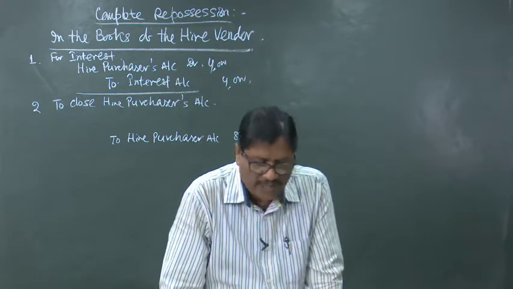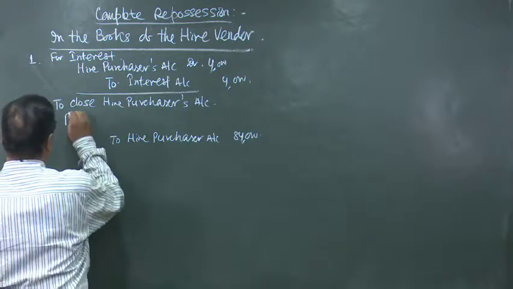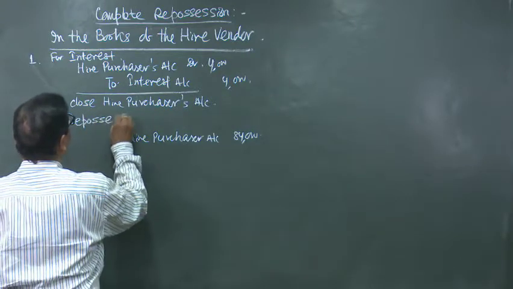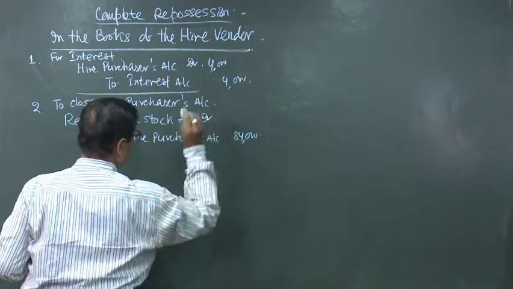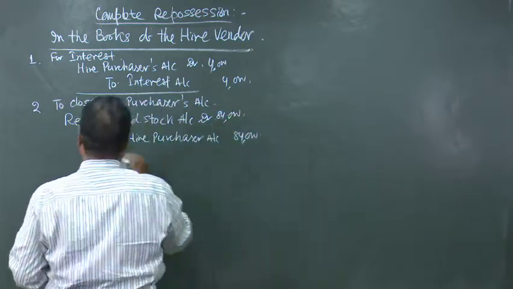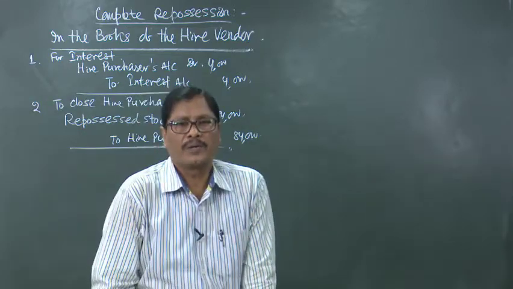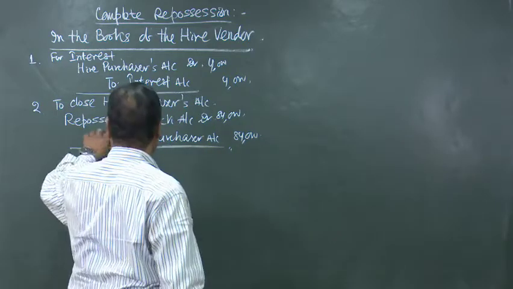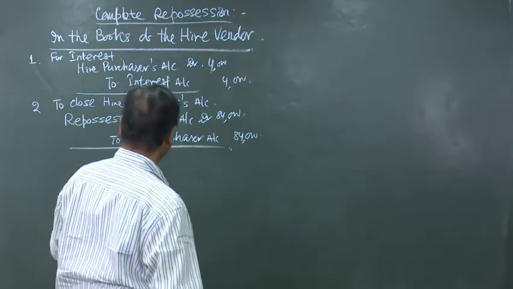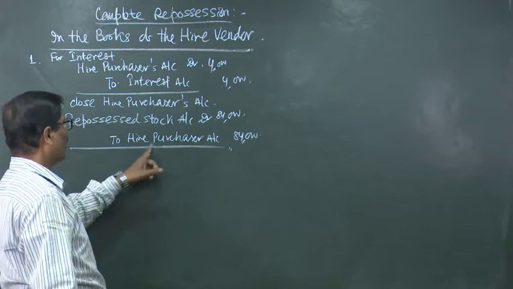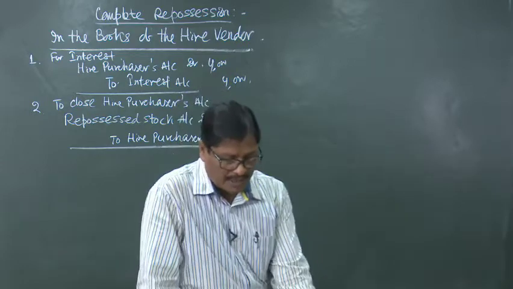We are getting the goods repossessed, so repossessed stock account debited, 84,000. Same amount will be debited to repossessed stock account. Repossessed stock is a real account, so debit what comes in. Similarly, we will be writing repossessed stock account debited to hire purchaser, because he is giving away. We are taking away and he is giving away. He is the giver, to hire purchaser account. That is the second entry. How much? 84,000 we have already taken.